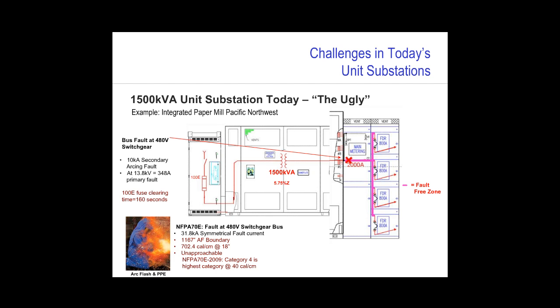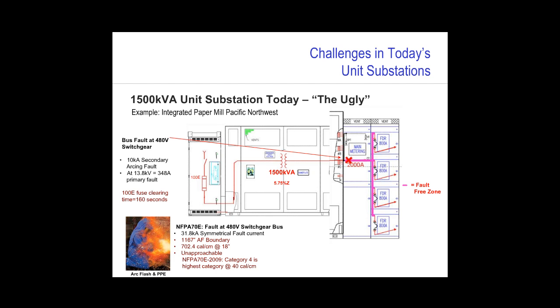This brings me to a focus on the low voltage secondary bus of the switchgear, what I've shown here in a purple color. I've called this the fault-free zone. I've heard this term used for this portion of the substation in the past. Truth be told, I don't know where that term came from.